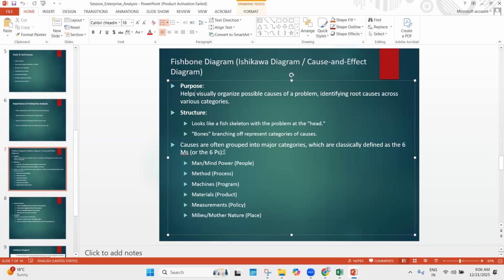Why we call it a fish skeleton is that we are maintaining the information at the organization level in the form of a skeleton, which will start at the head.